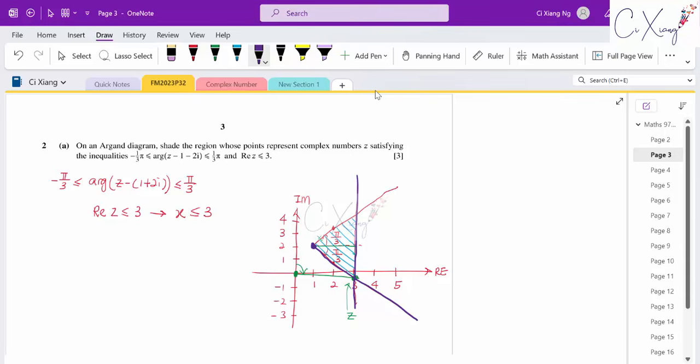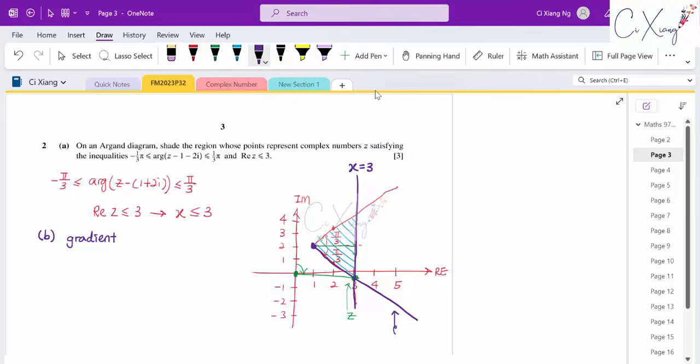Alright, so the first line here is very direct, where I'm having x equals to 3. And then for the other line here, I want to form the equation of this linear line. To form the equation of this linear line, I know that the gradient basically is equal to tangent theta.